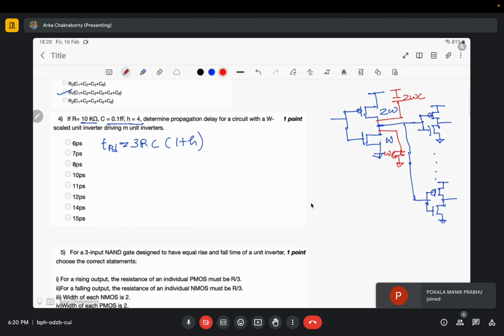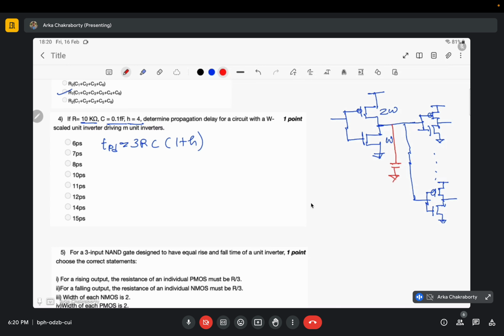So my net capacitance here would be 2WC plus WC, that is 3WC. And as these are unit inverters, the capacitance due to each unit inverter would be 1C plus 2C, that is 3C.